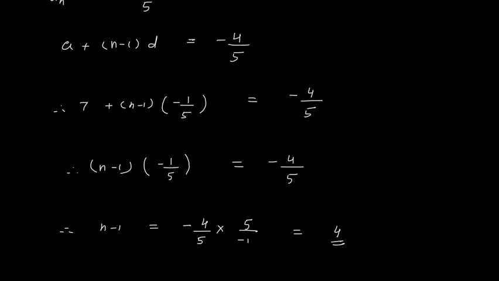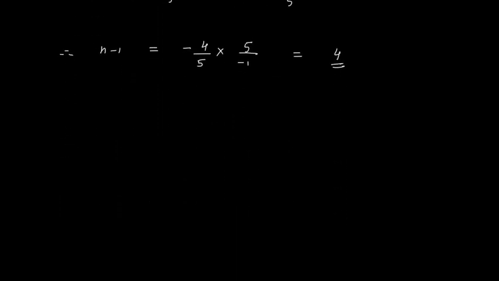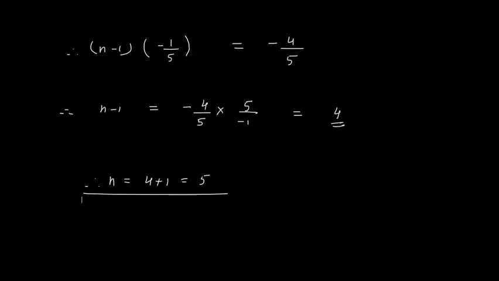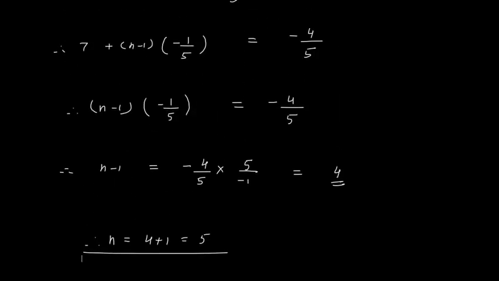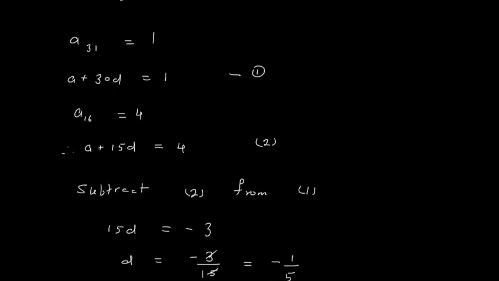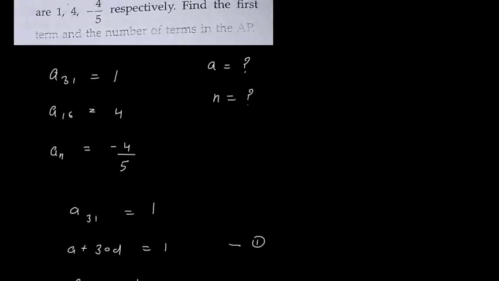So this minus minus will cancel and I will get the result as 4. So therefore N minus 1 is 4. So therefore I have N is equal to 4 plus 1, 5. So the value of N, I think we are doing something wrong.